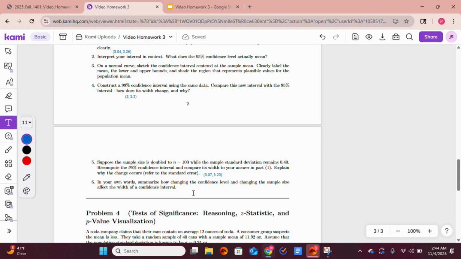When our sample size gets larger, the interval becomes narrower since we have more information and less uncertainty.